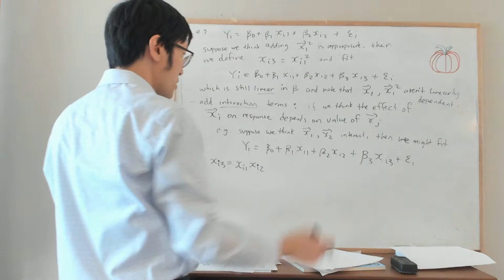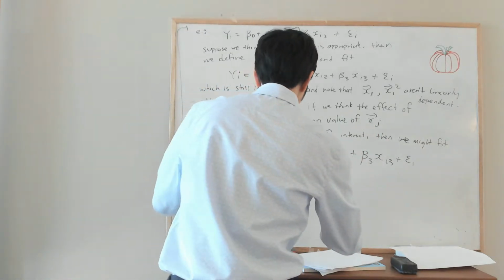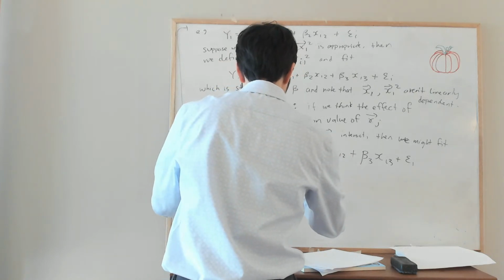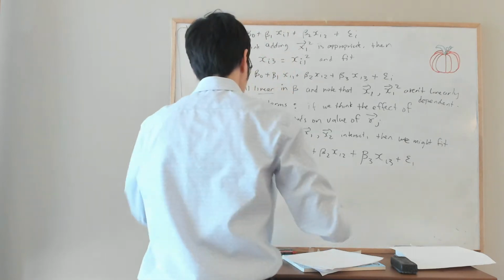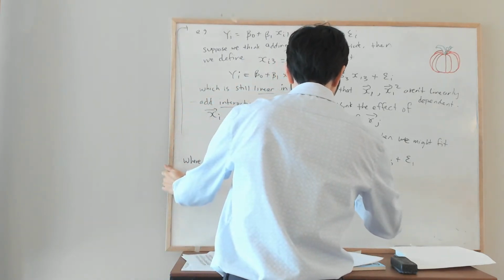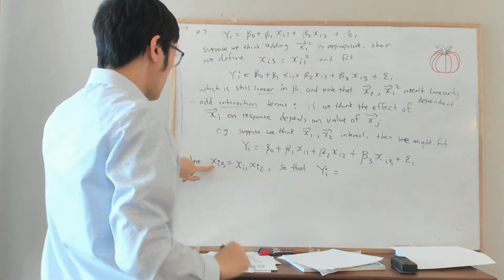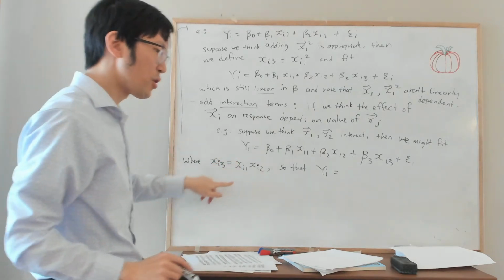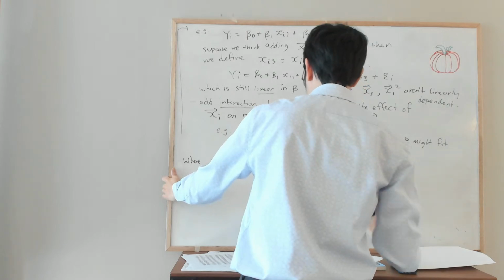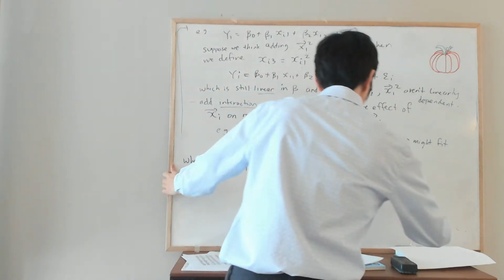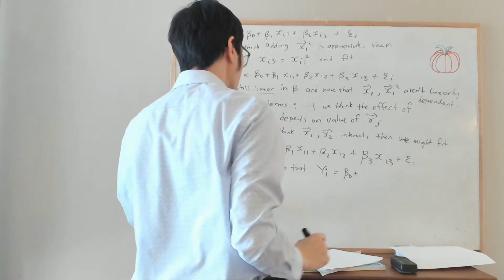And so why does this address interaction? Well, I take yi and rewrite it slightly differently, and we'll see why we can think of this as interaction. Because xi3 is defined as this product, we can write equivalently beta 0, and then I'm going to combine these two terms.